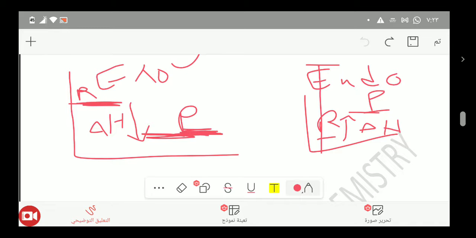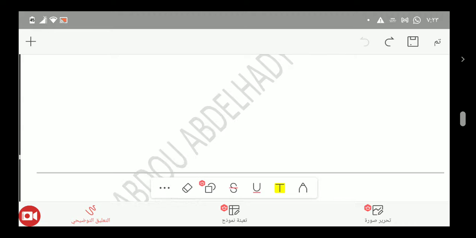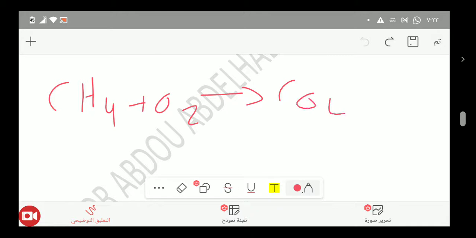So we have to remember two examples of exothermic and endothermic reactions. For example, the reaction of sodium with water is exothermic, or the burning of fuel such as methane with oxygen gives CO2 plus H2O.